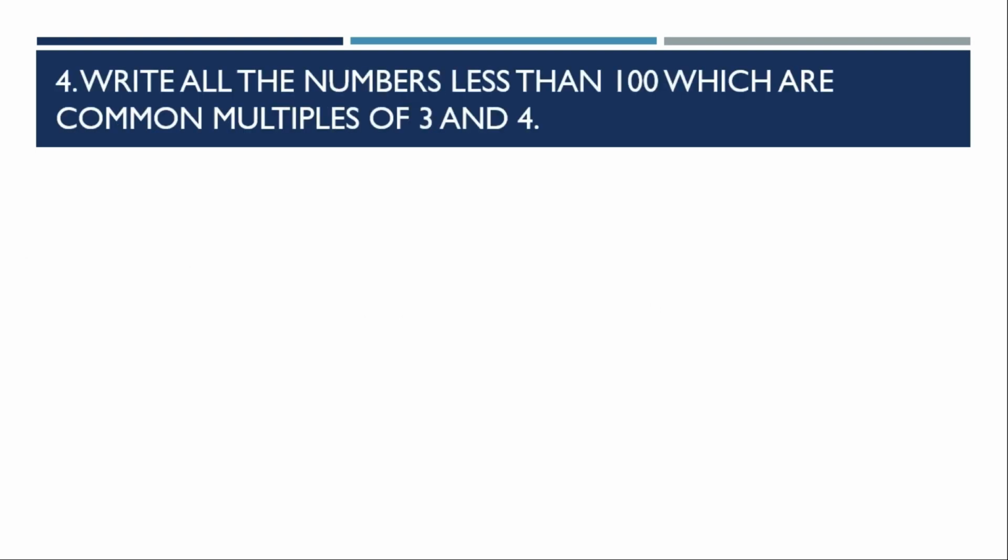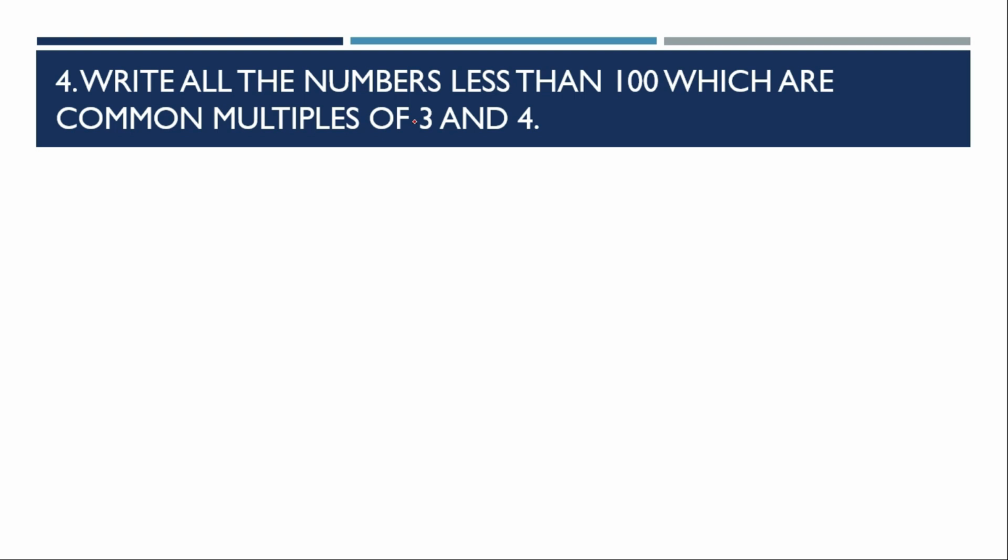Write all the numbers less than 100 which are common multiples of 3 and 4. So we must write multiples of 3 within 100. What is the answer we are getting? That is, we used to get before 100.